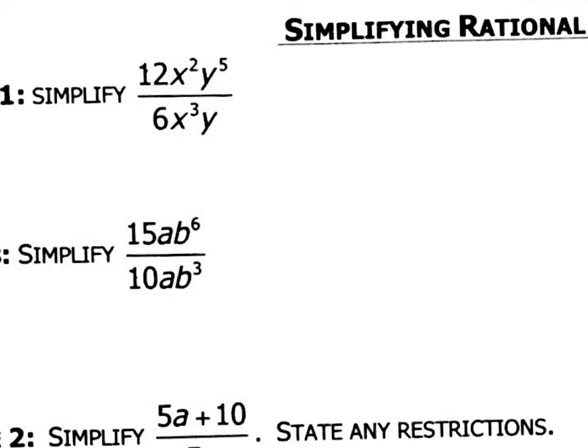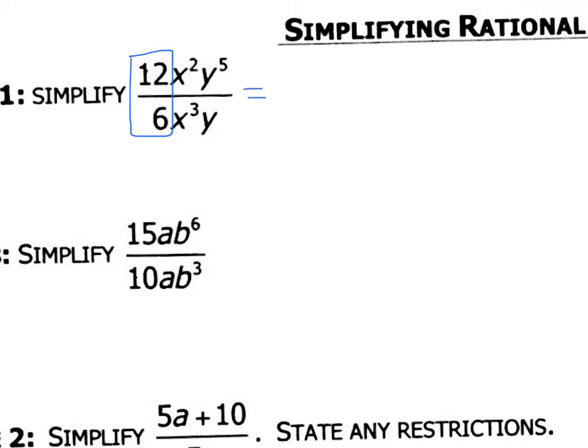Remember that when you're dividing with exponents, you divide your numbers and then subtract your exponents to the bigger side. So this is a rational expression. There's no equal sign. That's why it's called an expression. And it's rational because it's a fraction. So this is a rational expression that we're going to simplify.